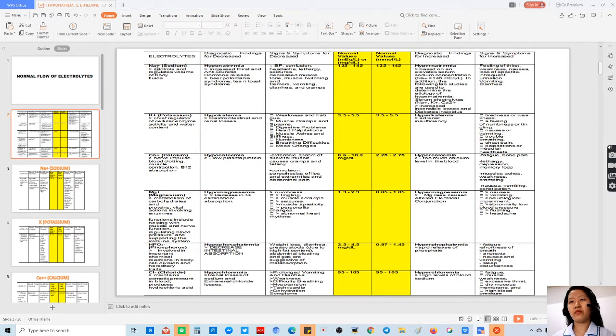On this part, the names of the electrolytes: sodium, potassium, calcium, magnesium, phosphorus, and chloride. And then we also indicate the diagnostic findings for decreased and signs and symptoms for decreased, then the normal values, then diagnostic findings for increased, and then signs and symptoms for increased.